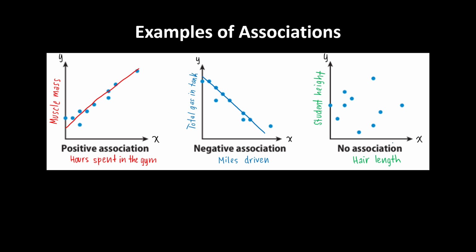And for no association, there are lots of examples, but I chose the relationship between hair length and student height. Obviously, there is no association because you can be very tall and have a buzz cut, or you can be very short and have hair past your knees. You can cut hair. Hair does not influence your height.